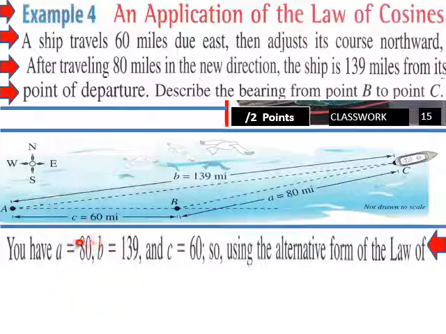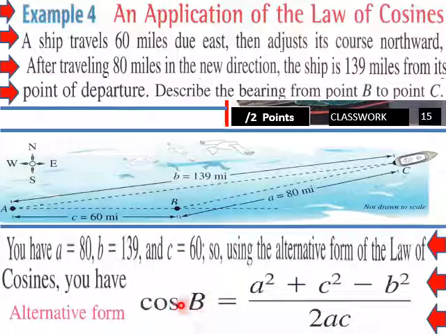You have a equals 80. Here's our A. It's opposite this angle here. b equals 139, so it's opposite this angle here. And then for angle B, using an alternative form of the law of cosines, you have cosine B equals a squared plus c squared minus b squared over 2ac.